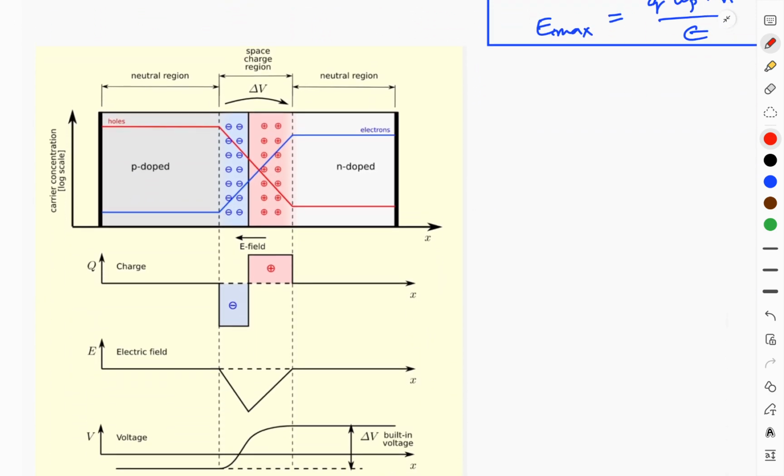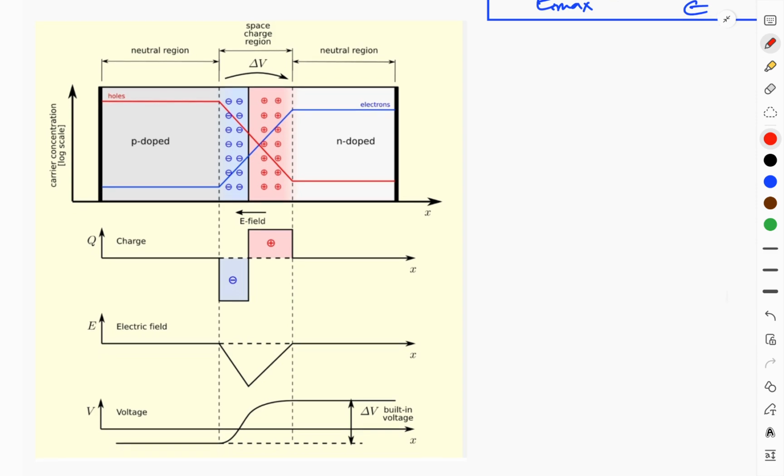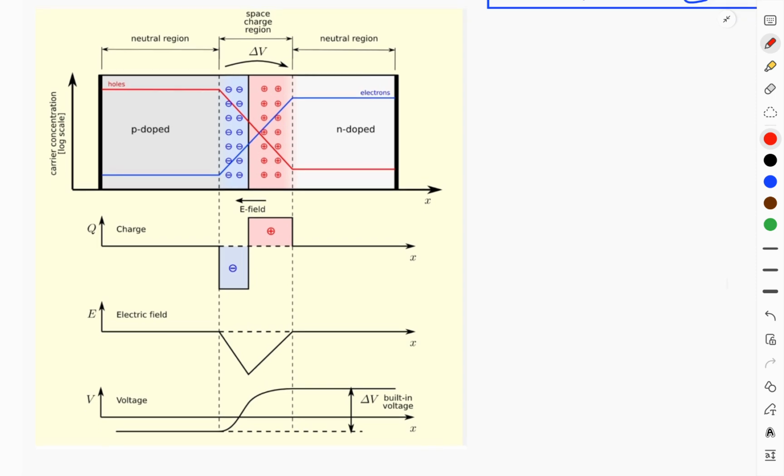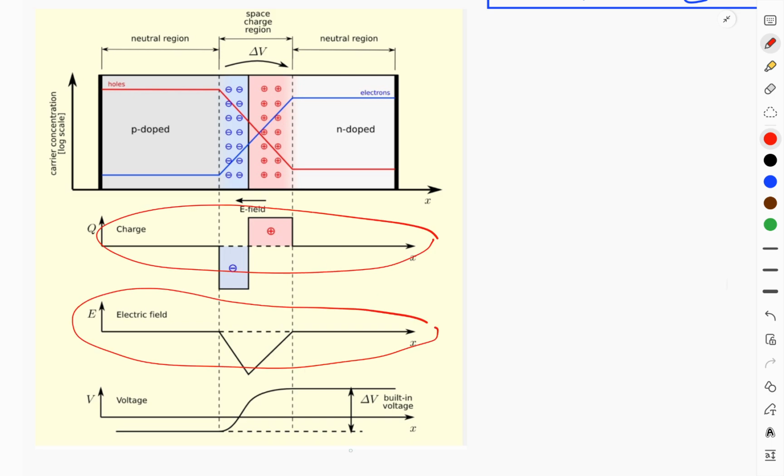Just by observing this graph, clearly we come to one conclusion. In some questions, he can also give this graph. This is the voltage graph, the barrier voltage graph, with negative voltage on the P side and positive voltage on the N side.